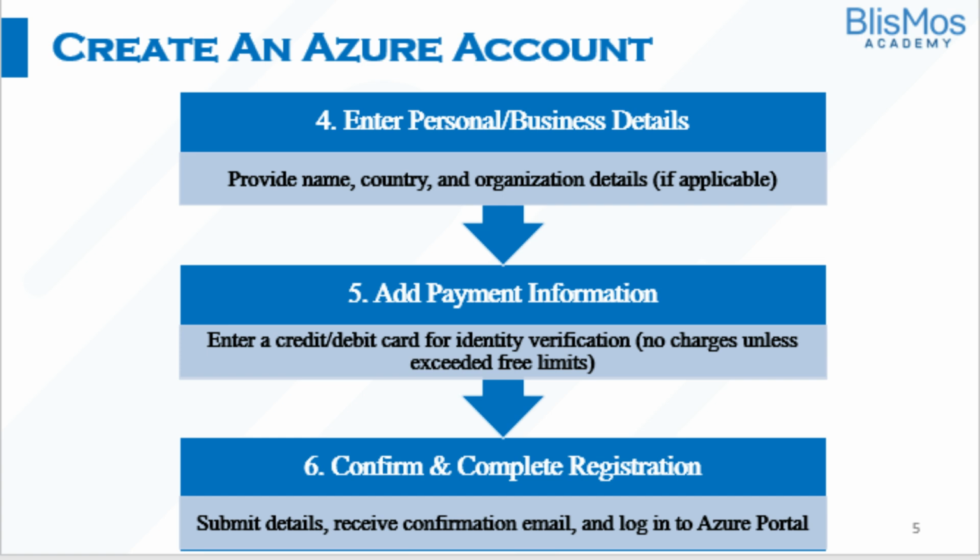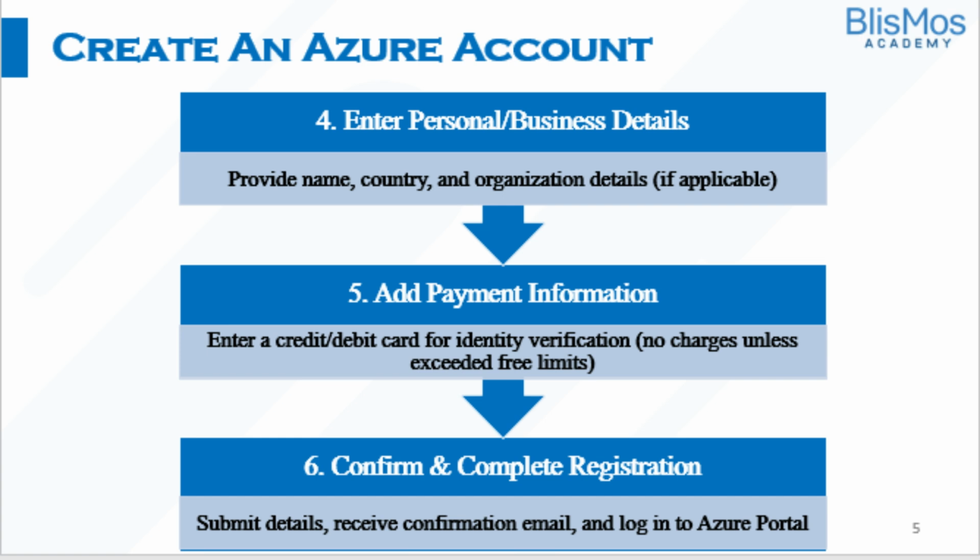You'll get a free trial for 30 days, in which you can explore the Azure account. Then you can submit all the details, and you'll receive a confirmation mail, and then log into your Azure account. So this is how the Azure account looks.